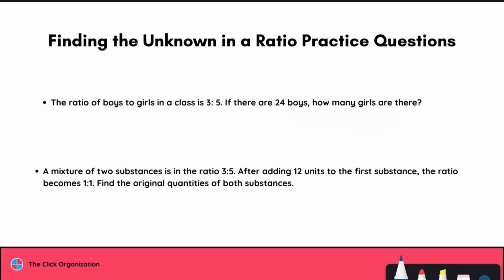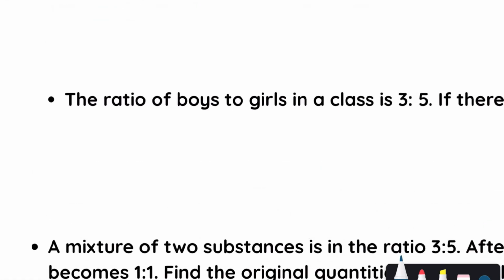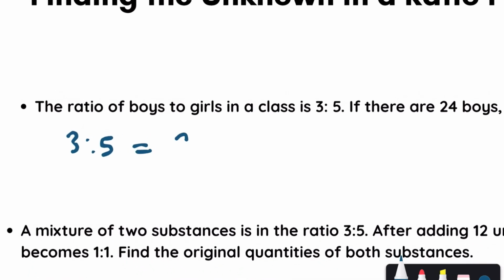I have two questions. The ratio of boys to girls in a class is 3 to 5. If there are 24 boys, how many girls are there? So the ratio of boys to girls in a class is 3 to 5, right? And we have 24 boys and X number of girls.